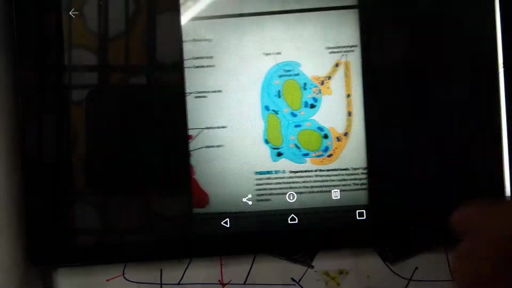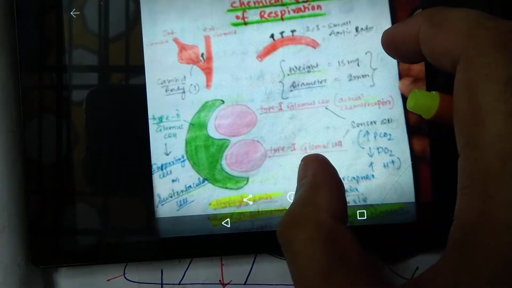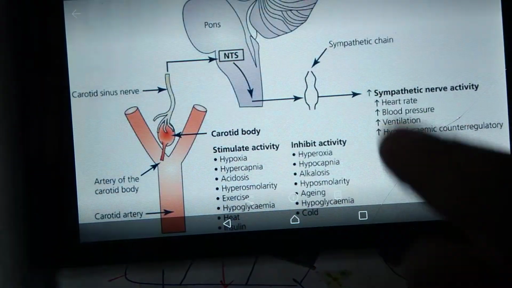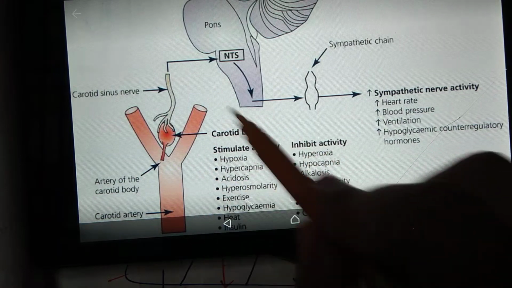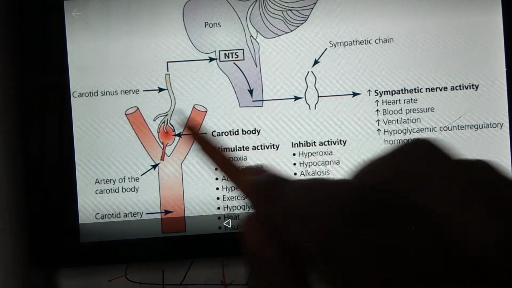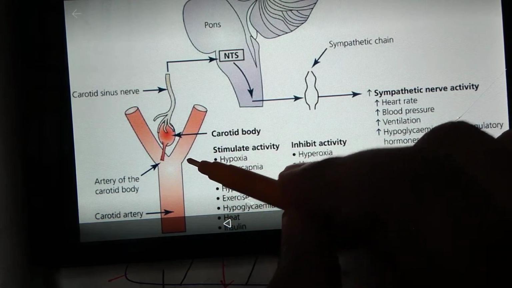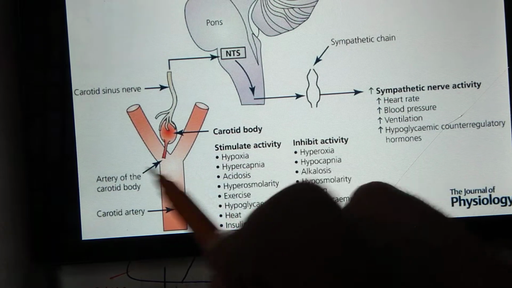Okay, fine. So look here. Actually, the carotid body is stimulated by hypoxia, hypercapnia and acidosis, and also heat and insulin. They stimulate the activity of the carotid body.